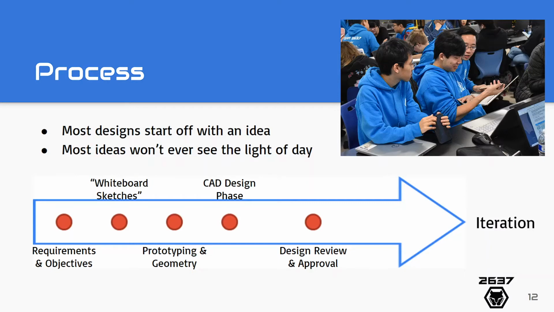Now, whether you iterate within the design phase, while it's still within the realm of CAD, or you make a revision after it's all been tested, or somewhere in between, maybe you find something that's wrong while you were assembling it, that's still an iteration, but it depends on your specific situation.